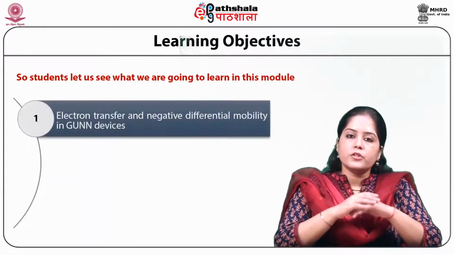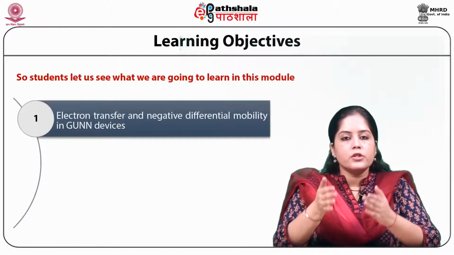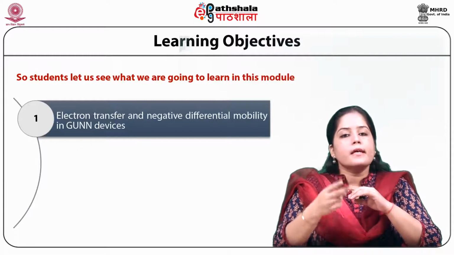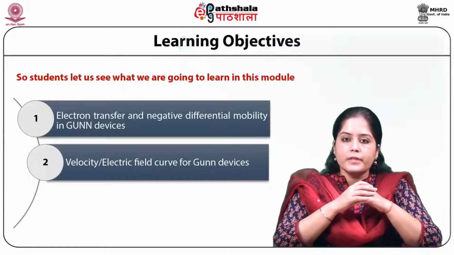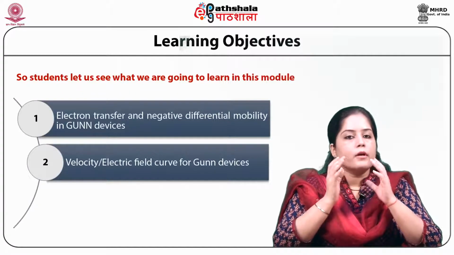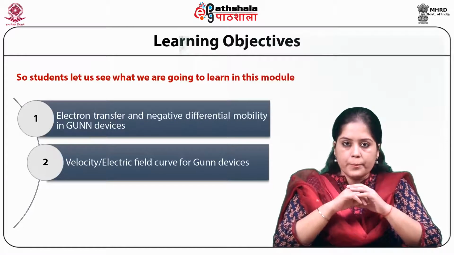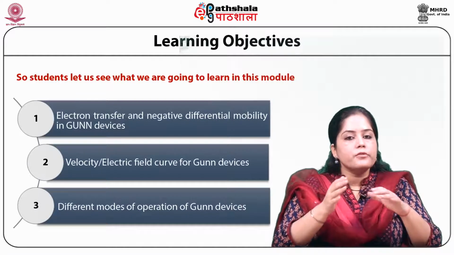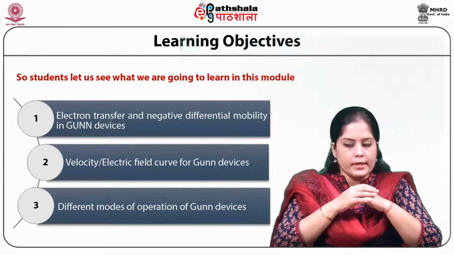First, the electron transfer and negative differential mobility in Gunn devices will be discussed. Second, the velocity versus electric field curve for Gunn devices will be discussed in detail. Third, we will discuss the different modes of operation of Gunn devices.